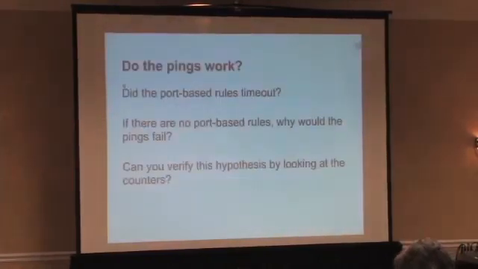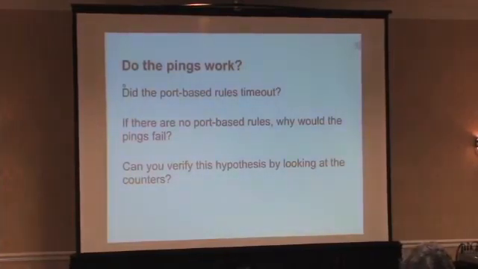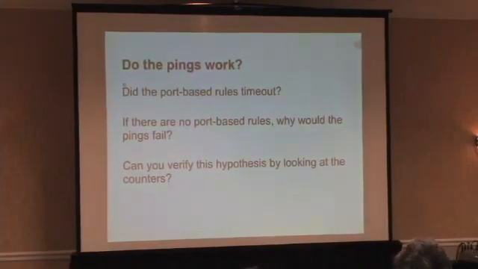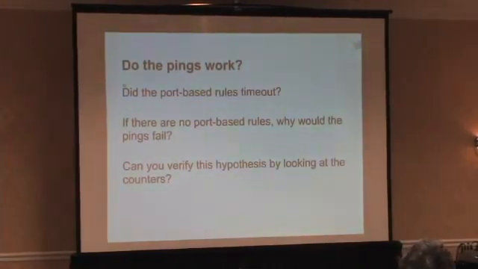And if you want, you can type the other rules back in, and while you are doing the pings, you'll see for the IP packets, the counters for the IP rules increment, but the port rules do not increment.